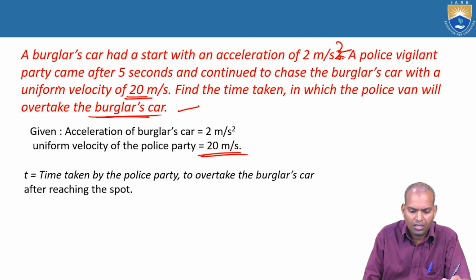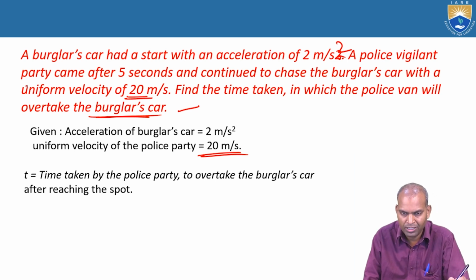The police vigilant people want to chase the burglar. This is highly useful for calculating at what time and at what velocity they have to travel. Here only the time taken is asked, but generally we want to know what velocity is needed to overtake the robbers' cars. So let us begin.